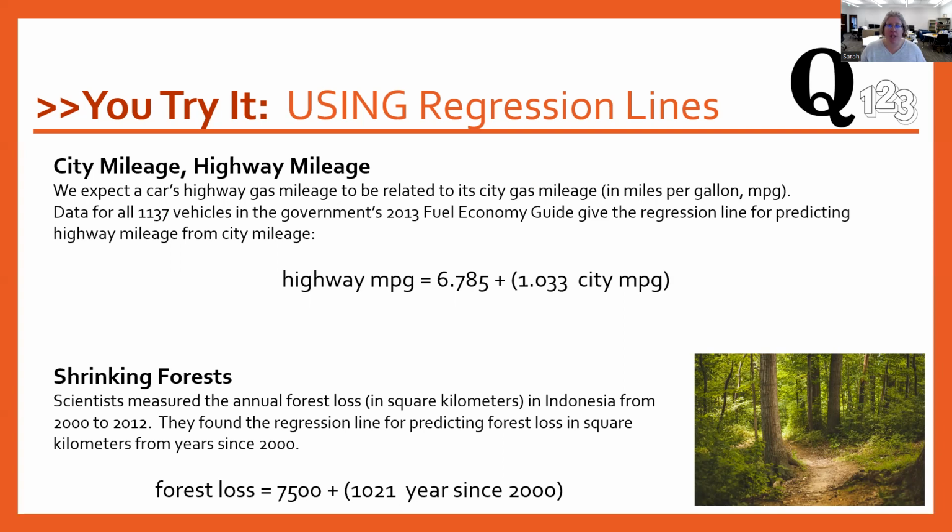So if we were looking at the year 2004, then I would use x equals 4 because it's 4 years from the year 2000. I know that's a little bit of an awkward way of doing that. It is a common thing you'll see in a variety of fields. So just keep that in mind, but go ahead and pause the video and give that one a try as well.